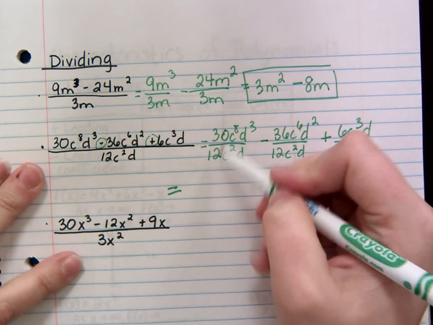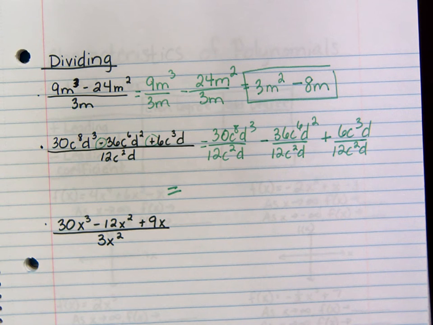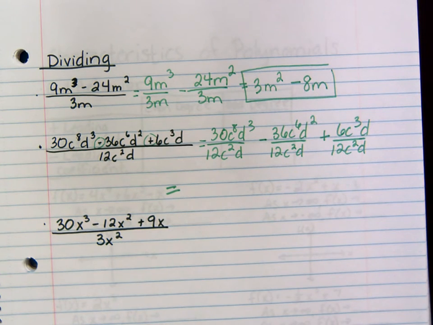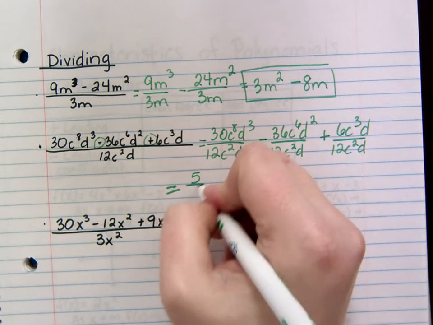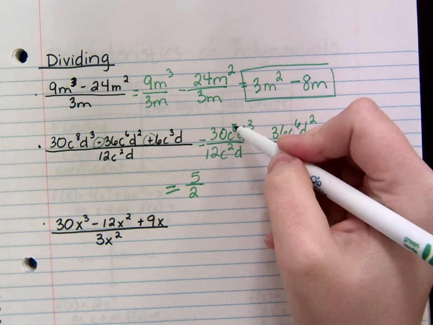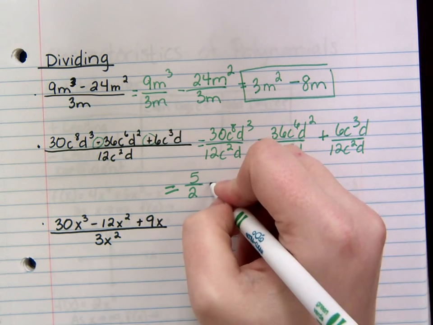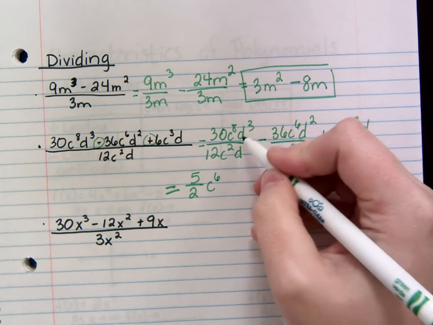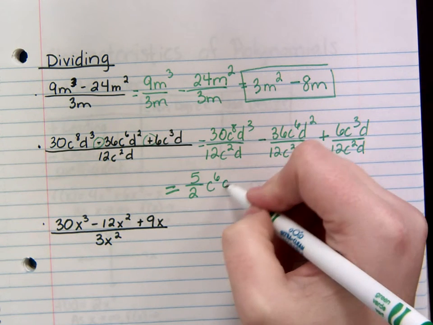So 30 divided by 12 does not go evenly. What I have to do is reduce it. They're both divisible by 6, so when I divide them both by 6, I get 5 halves. Alright, c to the 8th divided by c squared is c to the 6th. D cubed divided by d is d squared.